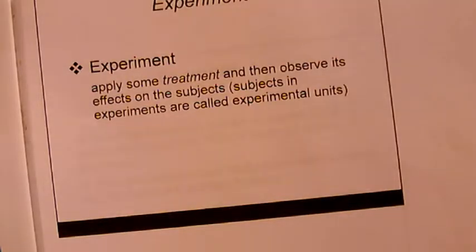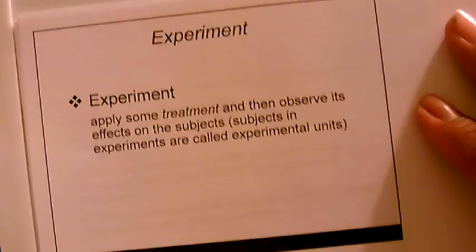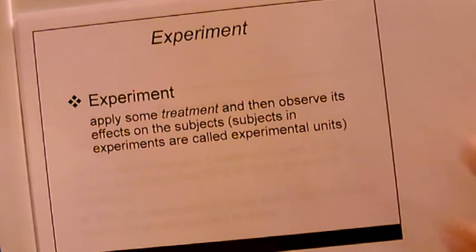The next type is an experiment. And this applies some treatment and then observes its effects on the subject. So here the subjects in experiments are called experimental units.